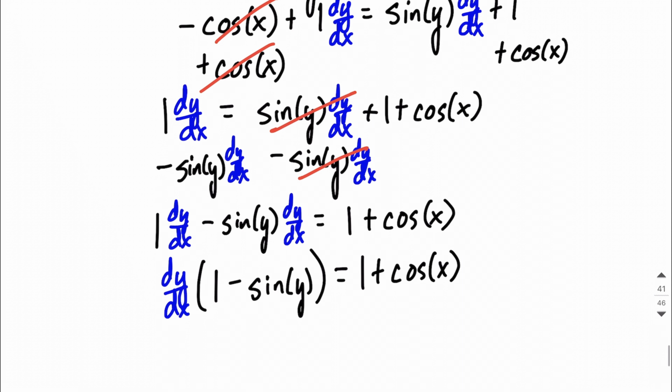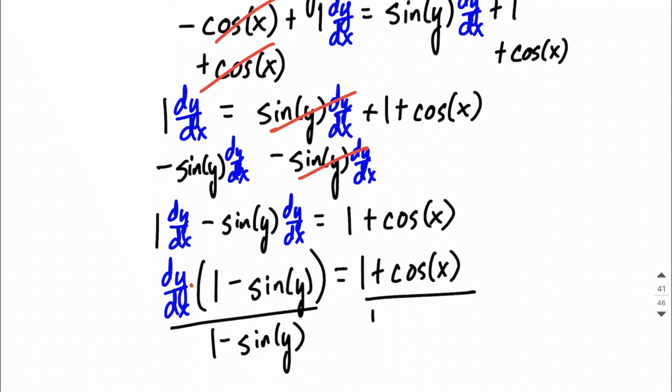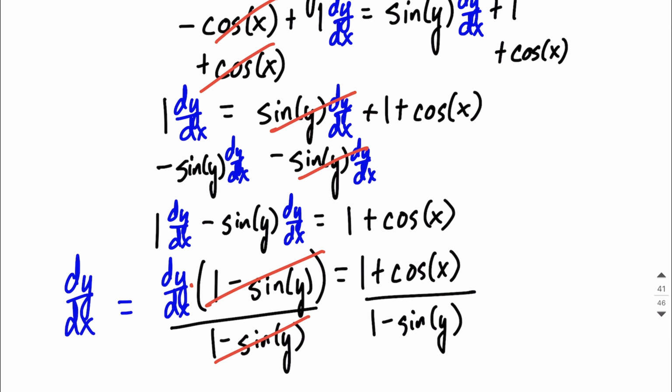From here, we have dy dx multiplied by this big set of parentheses. If we want to get rid of that, we're going to divide by 1 minus sine of y on both sides. We have the same factor in numerator and denominator. That makes a 1. So that's going to put on the left-hand side dy dx all by itself.